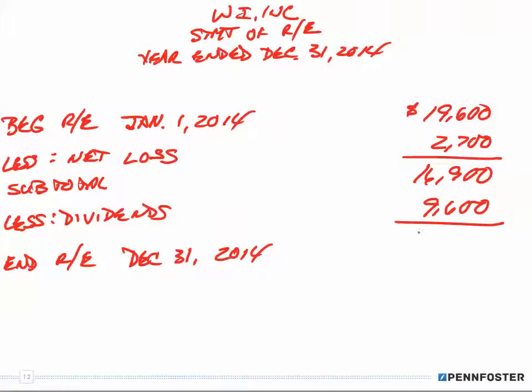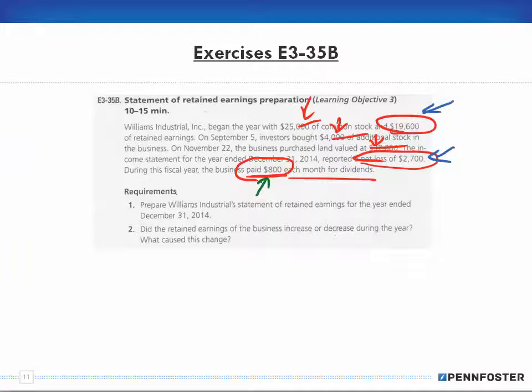And then of course you do the math for that, and that means you have an ending retained earnings of 7,300. Double underline to show that it's the end of a calculation, and the dollar sign to show that it is a dollar amount instead of a decimal amount. And that's your statement of retained earnings. Let's go back up here, and it says, did the retained earnings of the business increase or decrease during the year, and what caused this change?